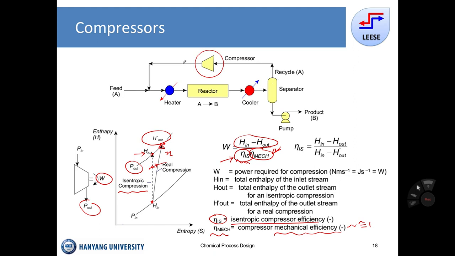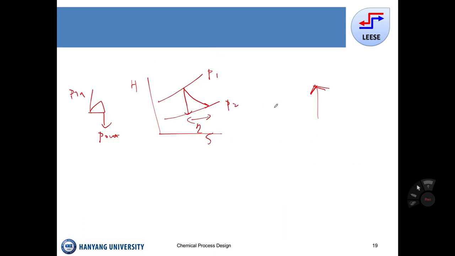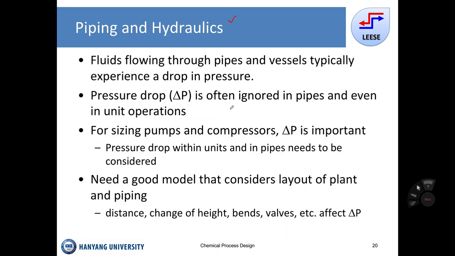Between the separator and the heater, we probably have a pipe. In the pipe we have some pressure drop, and also the reactor, heat exchanger, cooler, and separator. All the unit operations have a certain degree of pressure drop. So we have to consider the piping, pressure drop, and its hydraulics in the chemical process design.